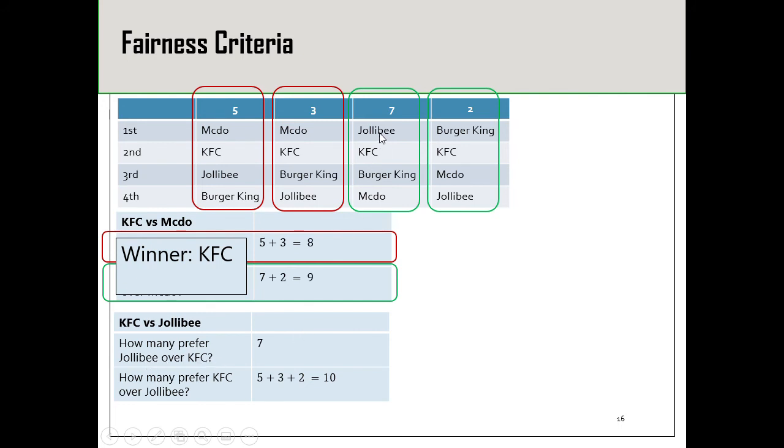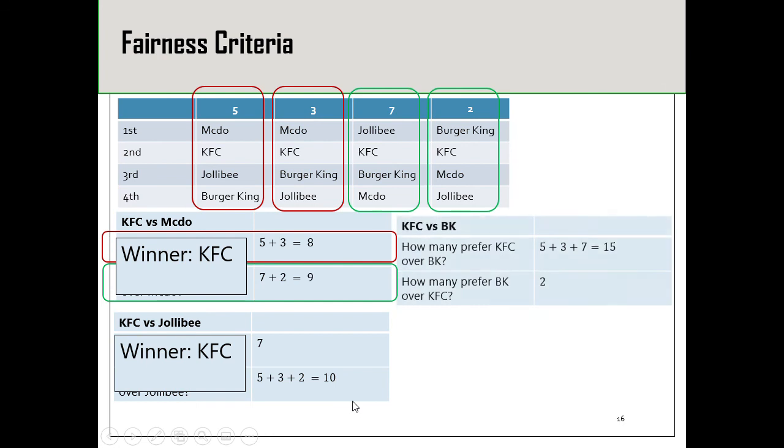So notice that there are 7 people that prefer Jollibee over KFC. Whereas the number of people that prefer KFC over Jollibee are 5 plus 3 plus 2, which is 10. So in this case, the winner is KFC.